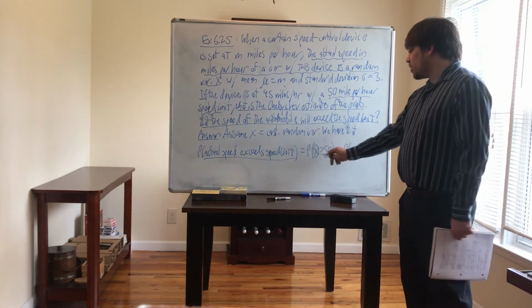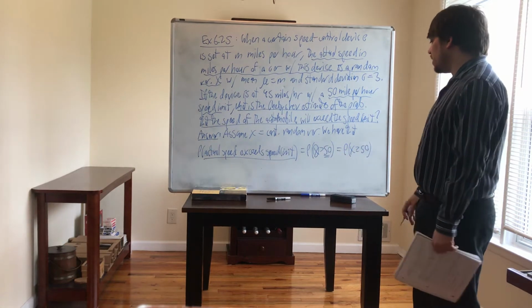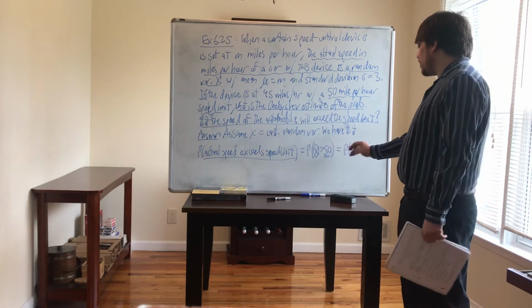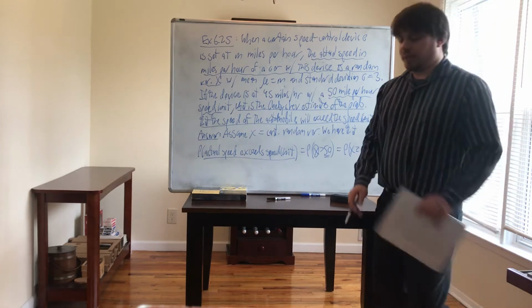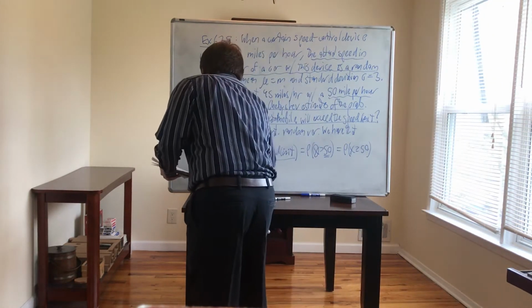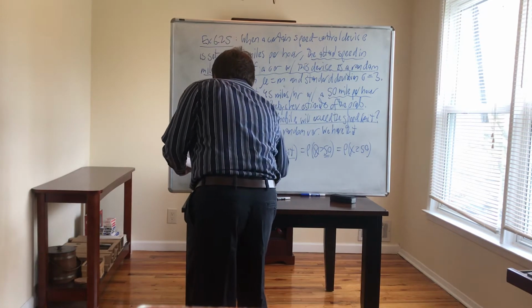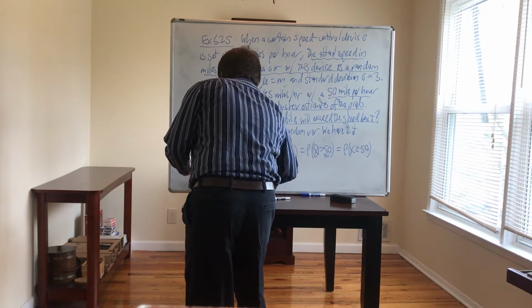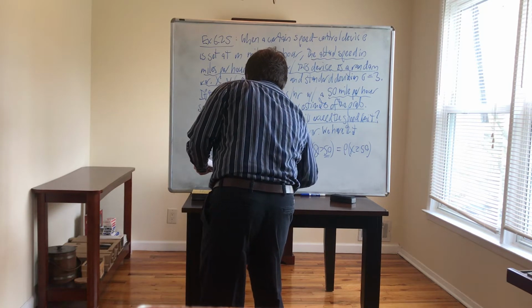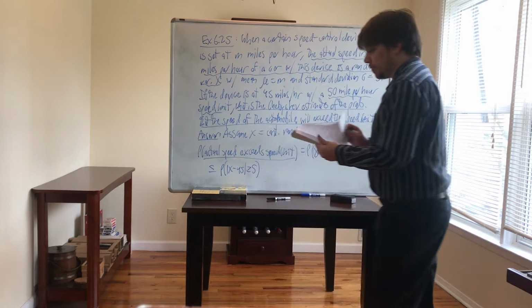So the probability that x is greater than 50 is equal to the probability that x is greater than or equal to 50, okay? And then this is less than or equal to the probability that the absolute value of x minus 45 is greater than or equal to 5, okay?